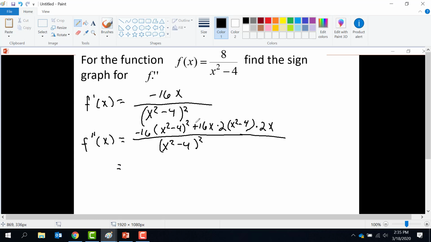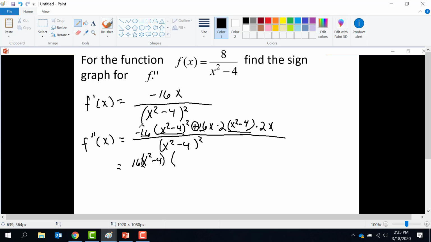So if you look, here is your plus, and in this term right here, you have an x squared minus 4 and you have a 16. Over here, you have a 16 and an x squared minus 4. So then we can pull that out into the front and get 16 (x squared minus 4).